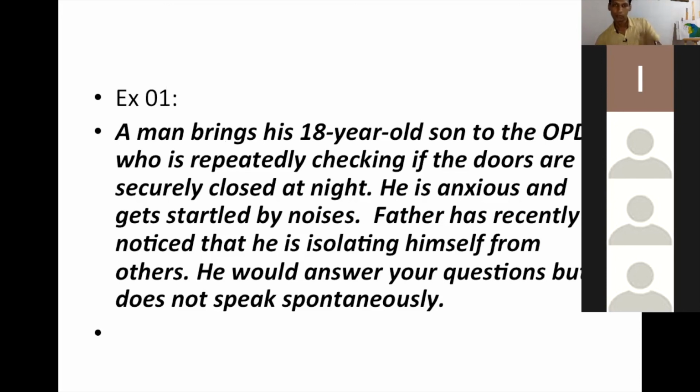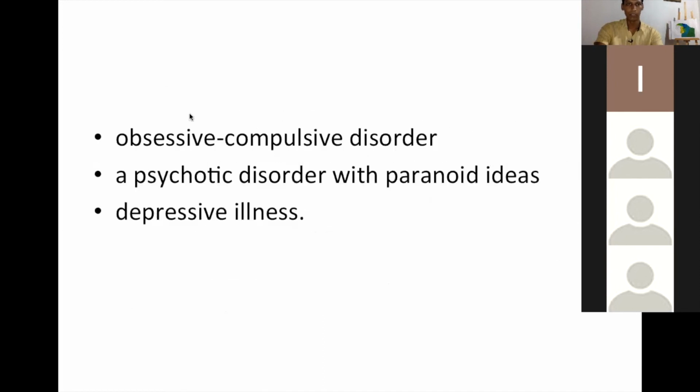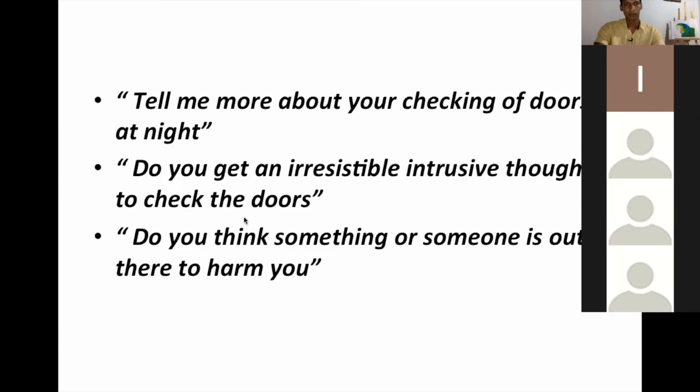The usual question format is, what are the possible differential diagnoses and how would you differentiate between those things that you mentioned in part 1, right? There we expect you to write these broader possibilities: obsessive compulsive disorder, depressive illness, psychotic disorder, and then you have to differentiate between them, right?